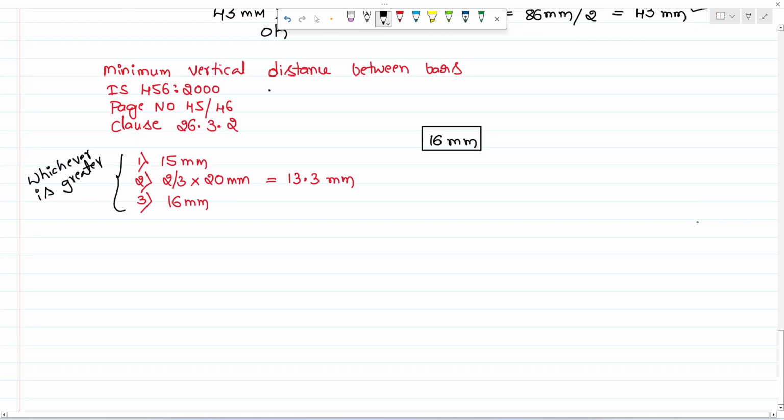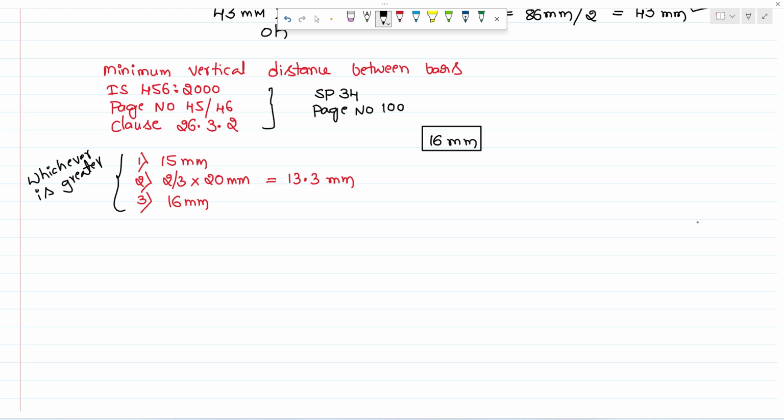So again this clause, same clause it is in SP 34, page number 100. So this is how you can check minimum horizontal distance between individual bars and minimum vertical distance between bars.